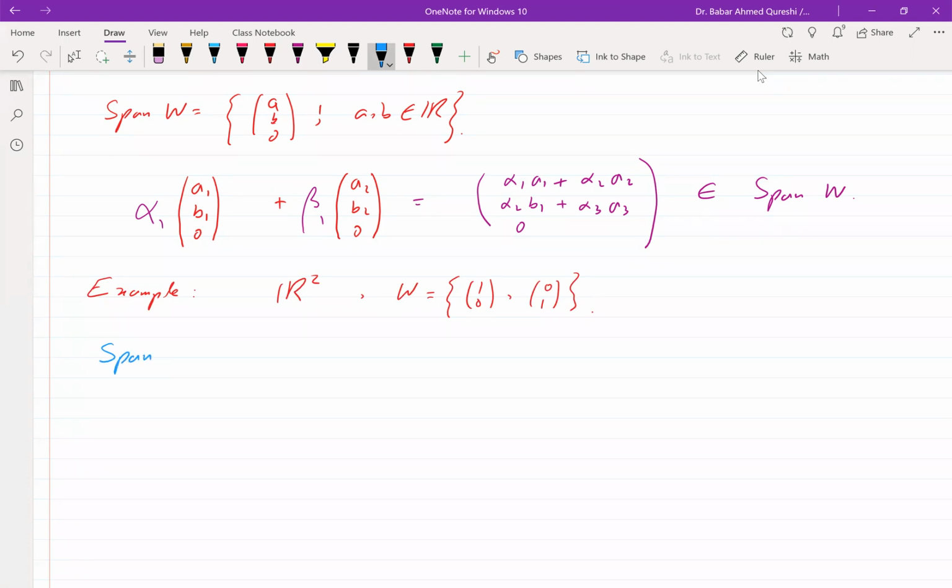So span of this W is of this form. A, B arbitrary, but that is just the complete R2 back. So span of W is R2. So our suspicion that whenever I make a span, I get a subspace is being fulfilled over here. But this subspace in this case is the whole space itself. That can happen.